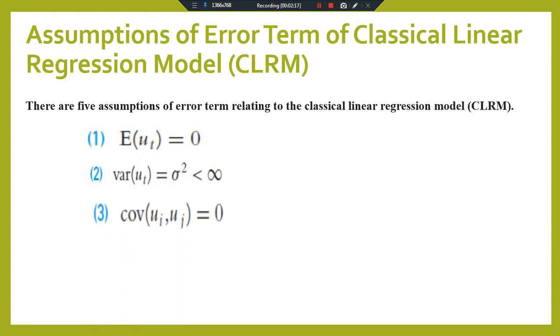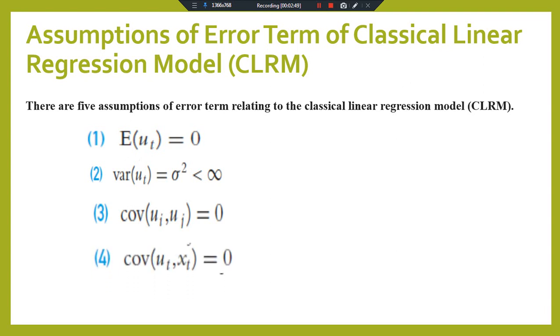Okay, number 3, the covariance of two errors must be equal to 0. This means that in the series of the errors, the two errors must not be the same. If they are the same, then we call it an issue of autocorrelation. So the errors must not be correlated with each other, otherwise we cannot apply OLS on this data.